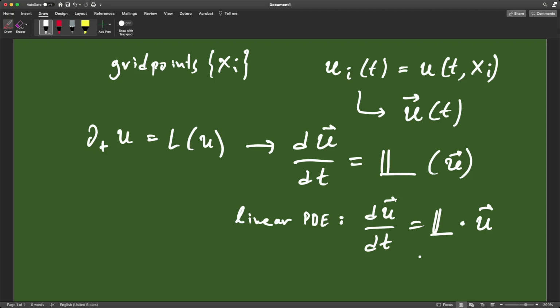So, in other words, if I write this in terms of the components u_i, that would be du_i by dt is going to be equal to the sum over j, sum over all grid points, of L_ij u_j.